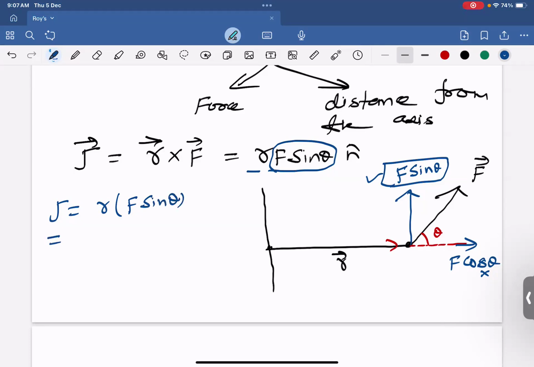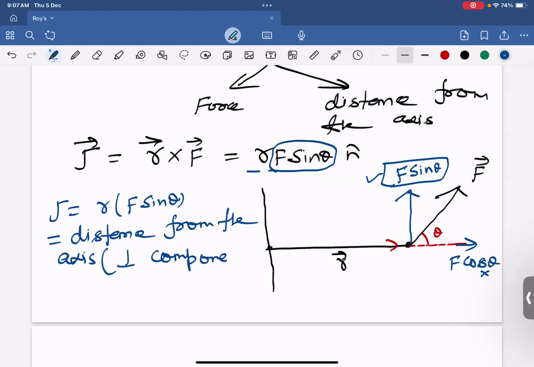That means I can say torque is the distance from the axis times the perpendicular component of force.